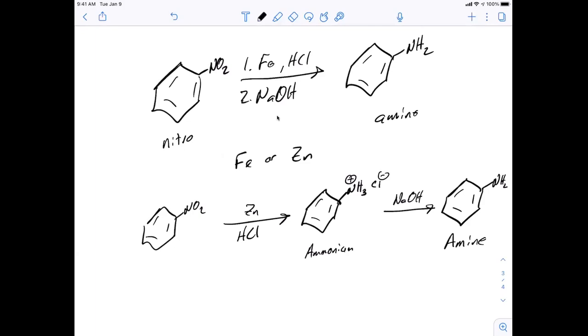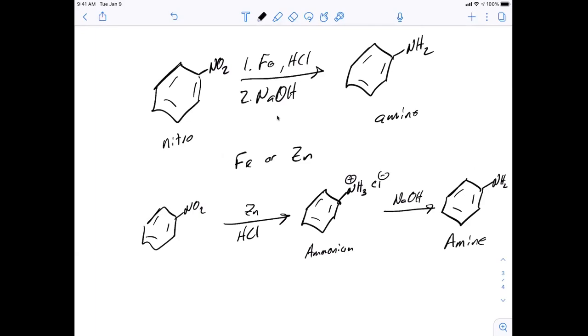And of course, aromatic amines are common in biological systems. So you'll see those in several places, in base pairs and different types of structures. So the nitro is actually one way to get to the amine.